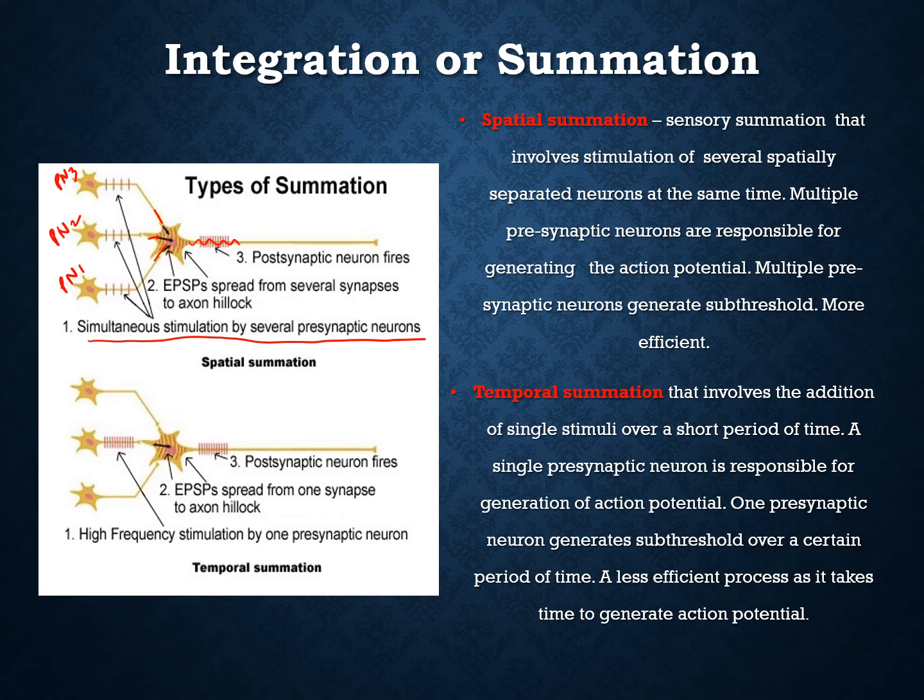In this connection, I just want to mention that the action potential always goes in the forward direction generally. If the action potential moves in this way, it is called an orthograde action potential.